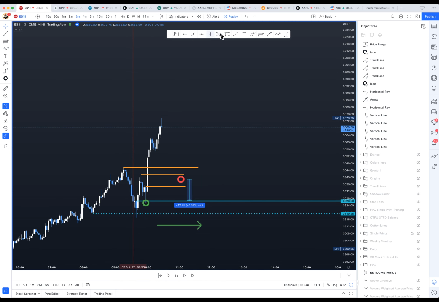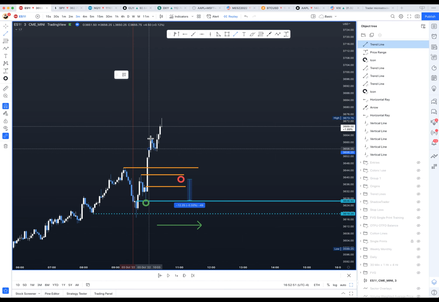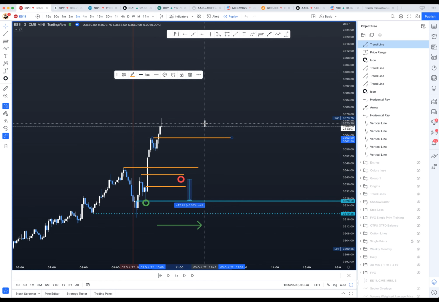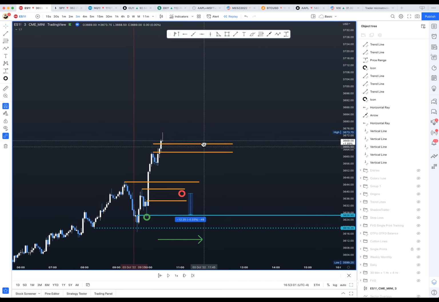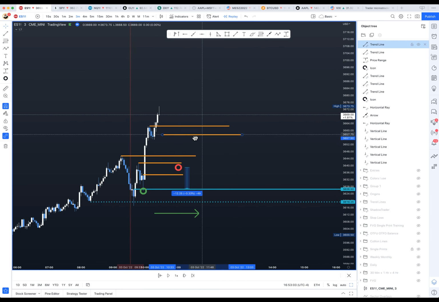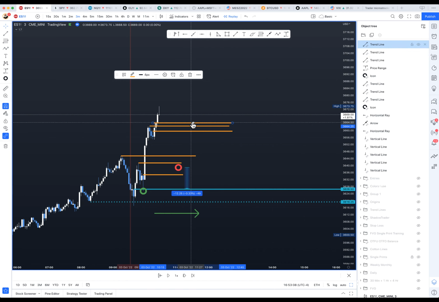Okay, moves up. New protection layers here. Let me just copy and paste it here. And we have a break level right here.